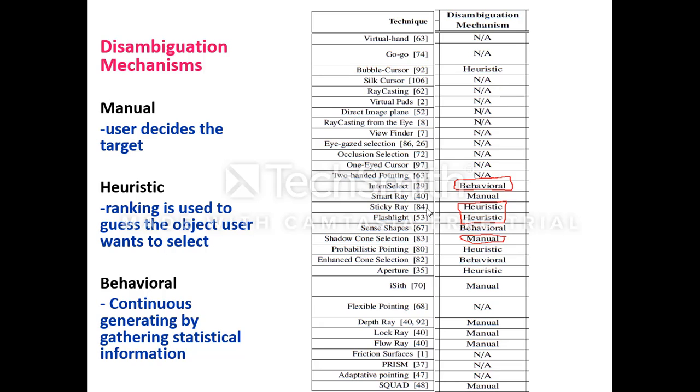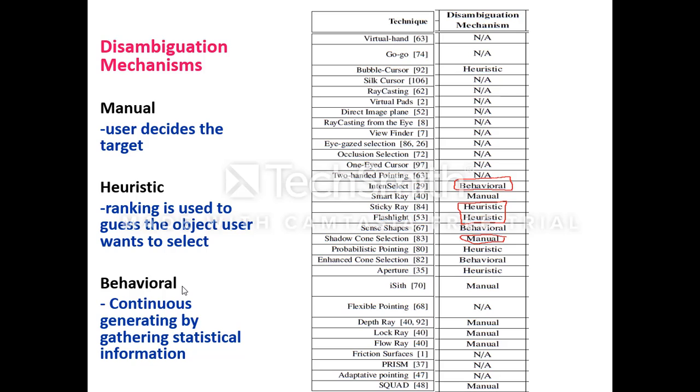And then finally we have behavioral approaches that are used to take into account users' actions prior to selection confirmation. So basically what happens here is that as the user is navigating in the environment, the process keeps gathering statistical information and keeps the ranking updated.